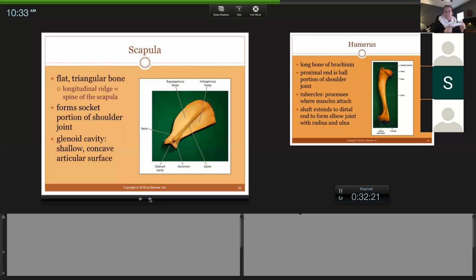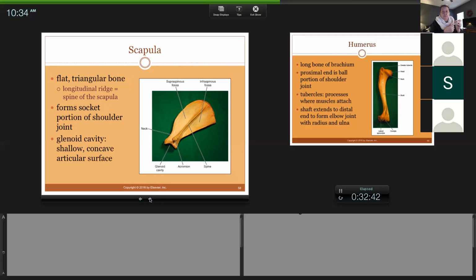But it is a flat bone, kind of a little bit like a triangle. This is a very important landmark to know too. This is the spine of the scapula. Think about the spine on your back, but the spine of the scapula, which I explained the other day, is a point of muscle attachment. That's the job of the spine of the scapula.